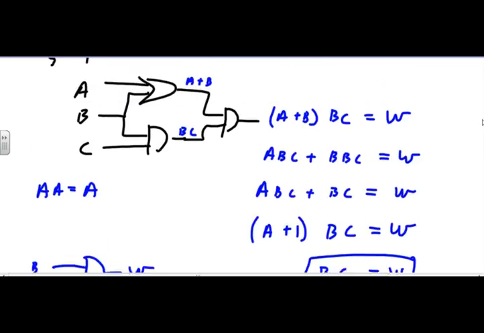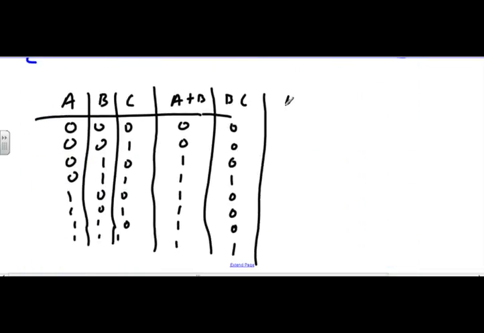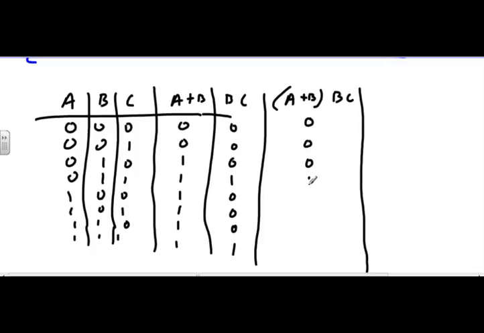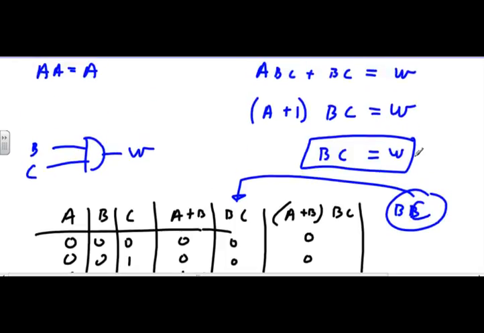Then I'm going to look at (A or B)(B C): 0, 0, 0, 1, 0, 0, 0, 1. And I'm going to tell you that that's the same as BC. And sure enough, it is. So my Boolean reduction saying that W is BC was in fact correct.